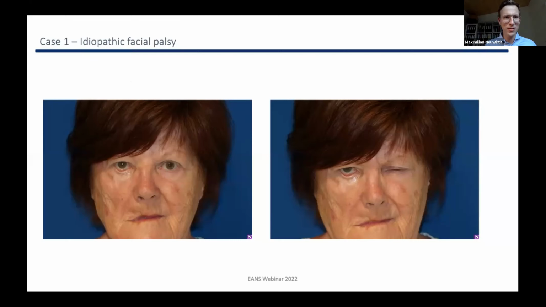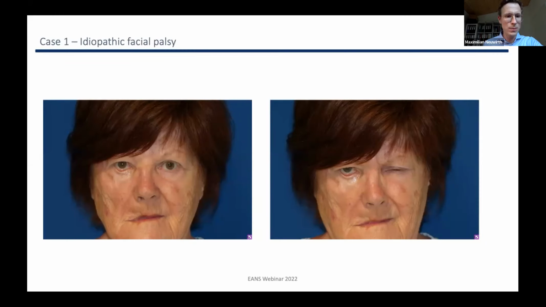Congrats, Mette, on this excellent result. When you ask me now, I would say I would do everything like you did, because it was really a perfect result. So I will have a short talk on my strategies for the paralyzed eye. This elderly lady came to the outpatient clinic with idiopathic facial palsy.